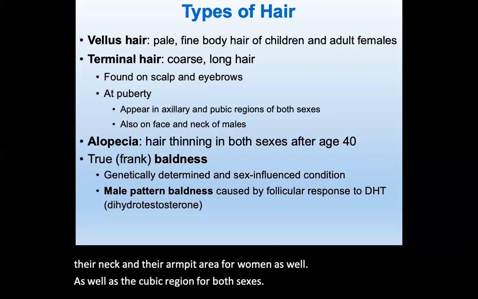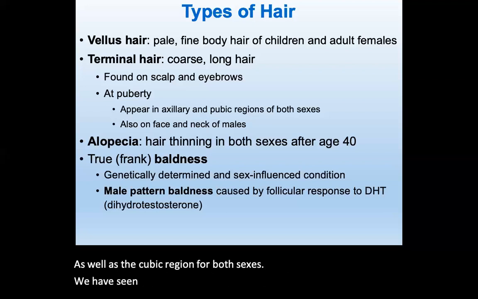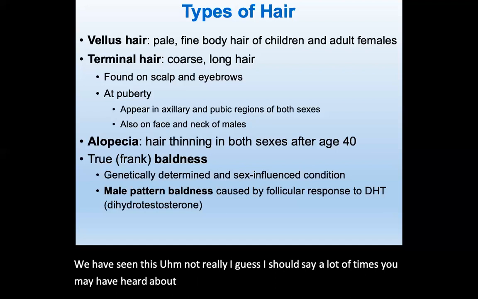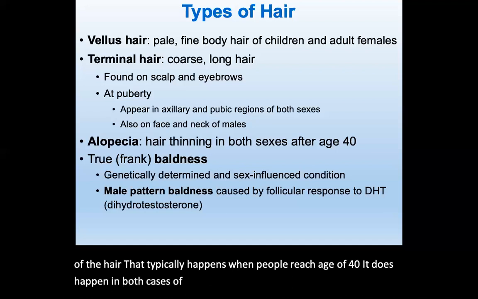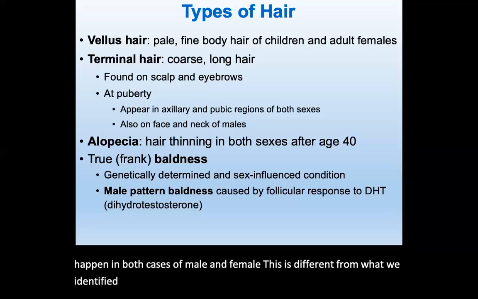A lot of times you may have heard the word alopecia. Alopecia basically refers to thinning of the hair that typically happens when people reach the age of 40. It does happen in both males and females. This is different from what we identify as baldness.